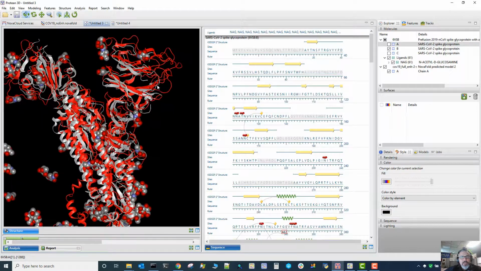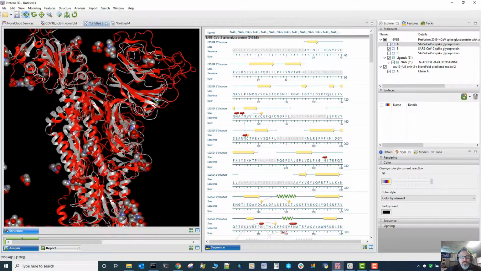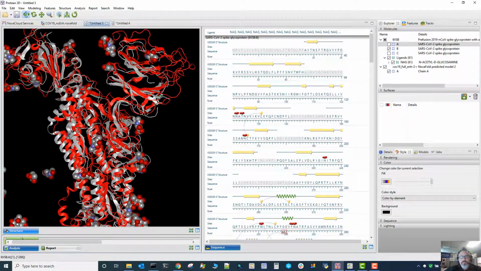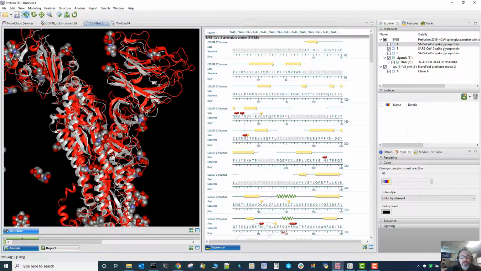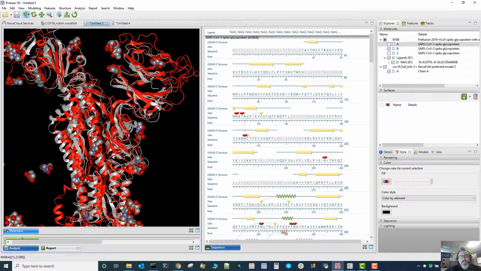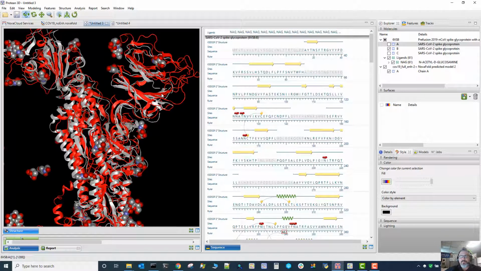Now, if I zoom in closely, in red you can see the model that NovaFold produced in comparison with the model of the cryo-EM structure that was found at 3.5 angstroms deposited on 2/26. The model that we had produced was found on 2/20 and 2/18, in fact. So we had about a 10-day lead time on this molecule.